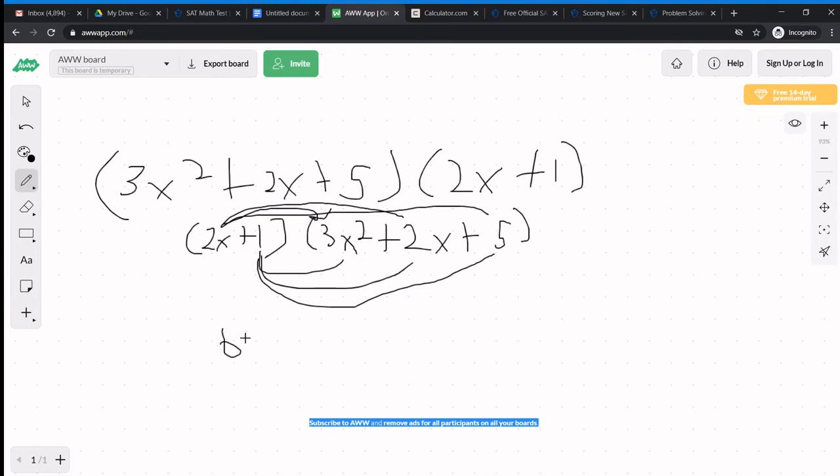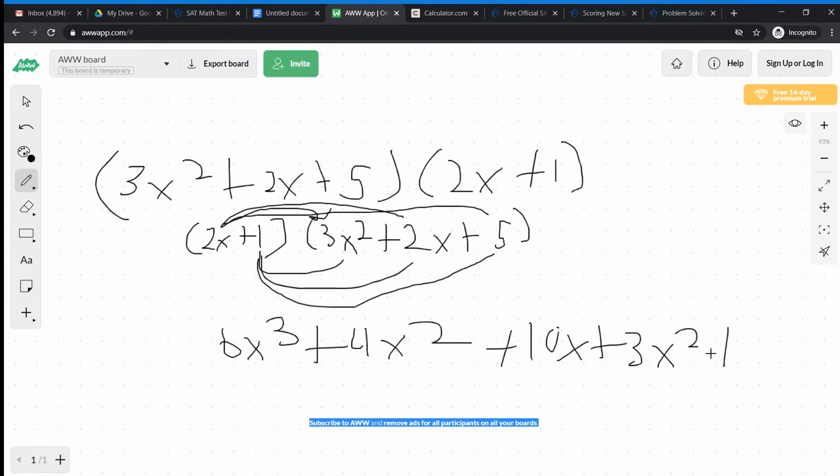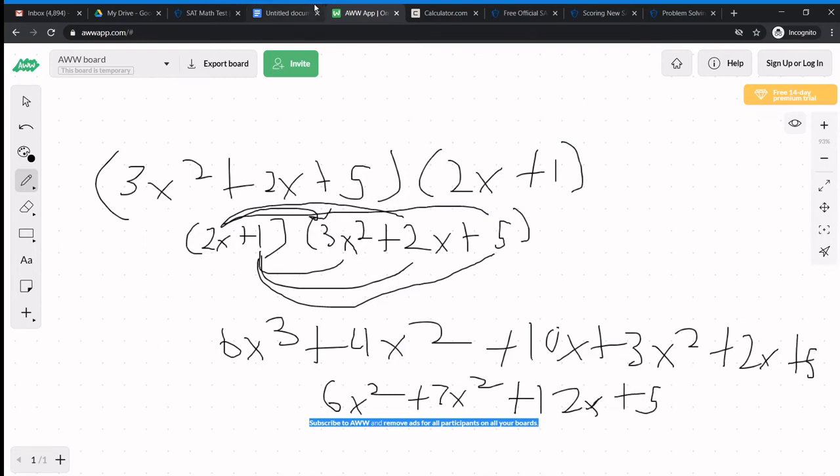So you get 6x cubed plus 4x squared plus 10x plus 3x squared plus 2x plus 5. Now you combine like terms, you get 6x cubed plus 4x squared plus 3x squared, 7x squared, plus 10x plus 2x, 12x, and then plus 5. And that's how you do it.